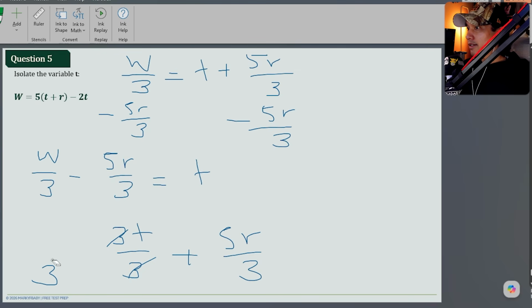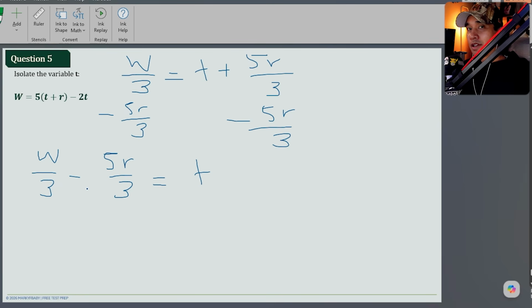And that might work. Holy crap. Okay, you just have to follow the order of operations, and one of the golden rules is what you do on one side, you must do on the other. So since the denominators are the same, I could go w minus 5r over 3 equaling t.